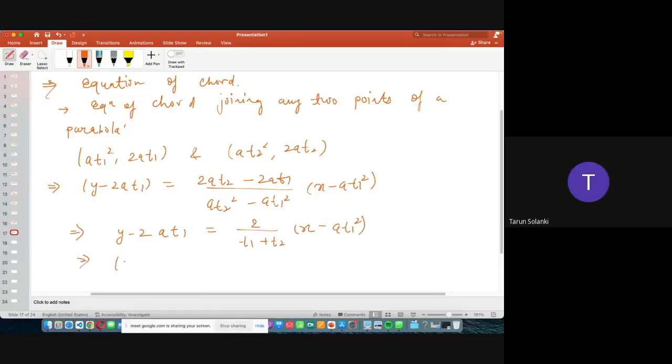So again (t1 plus t2) y is 2x plus 2a t1 t2. Okay, so just note down this.